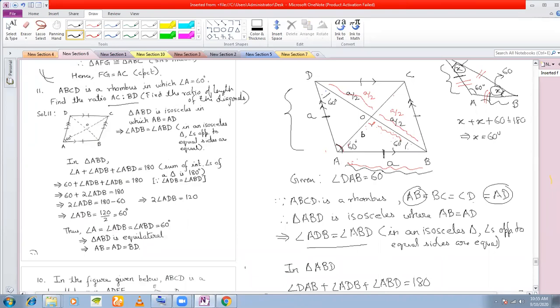Tell me whether I can find or not. Yes, sir, we can. So OA is the base. We can find OA. Suppose we find OA to be say B.